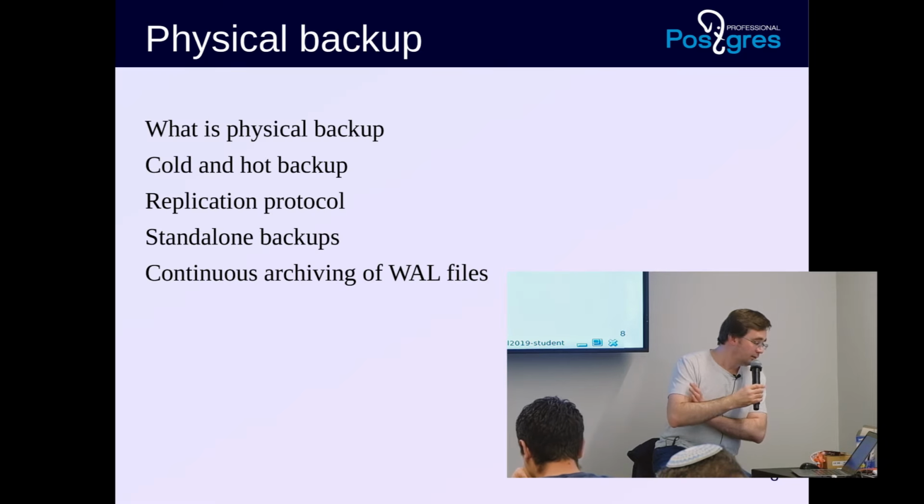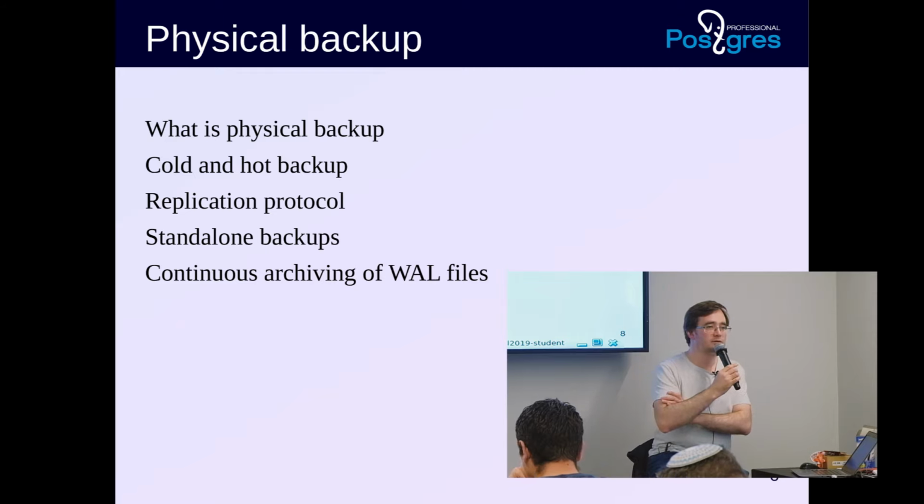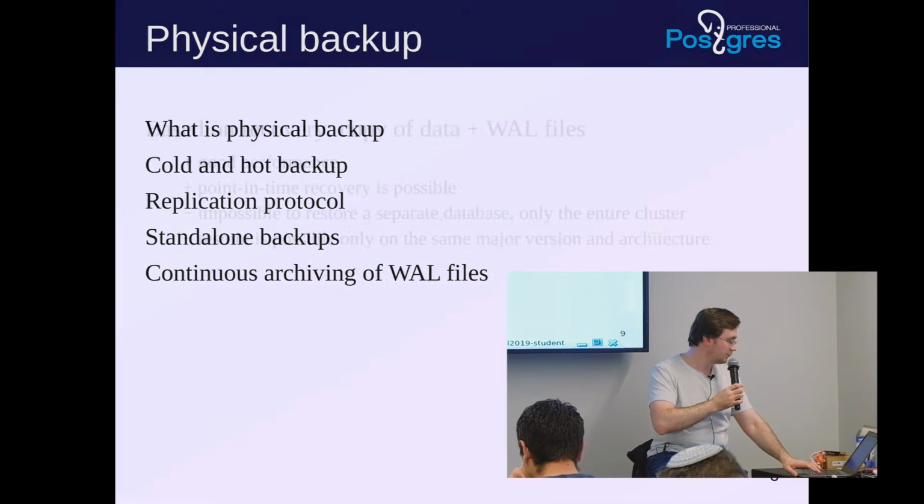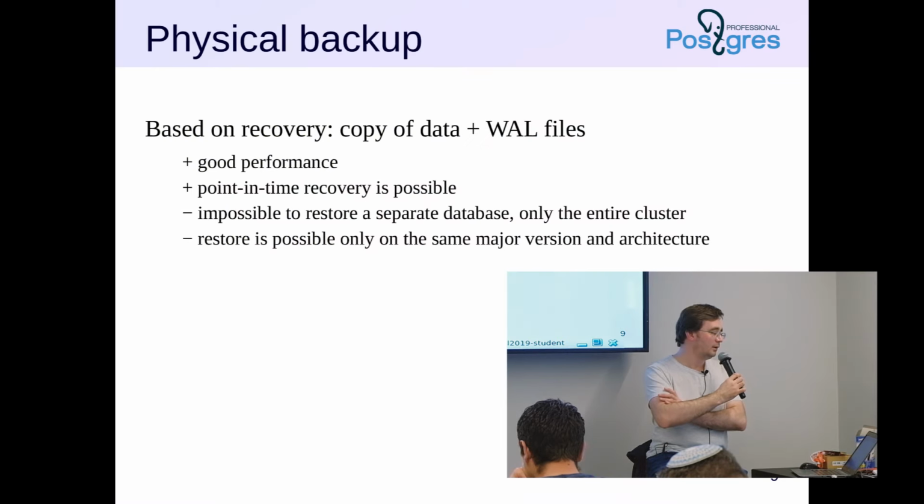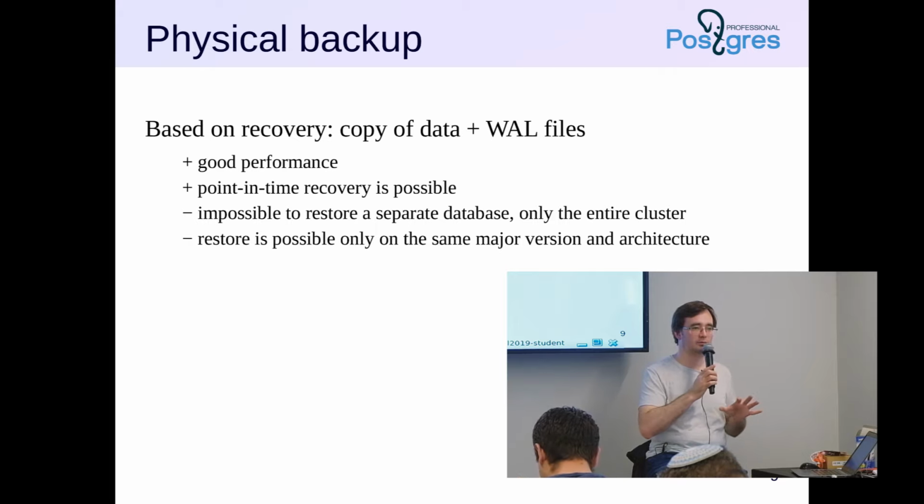Okay, and the most interesting thing is physical backup. Physical backup is based on recovery mechanism of PostgreSQL. You can copy your data files, so you can get binary copy of your system.